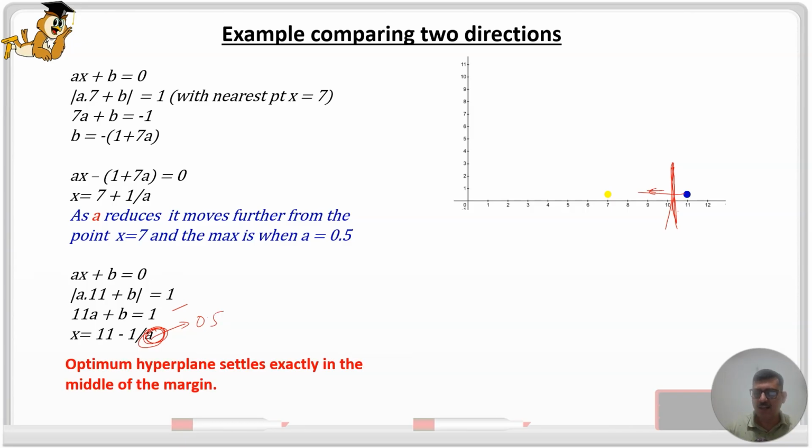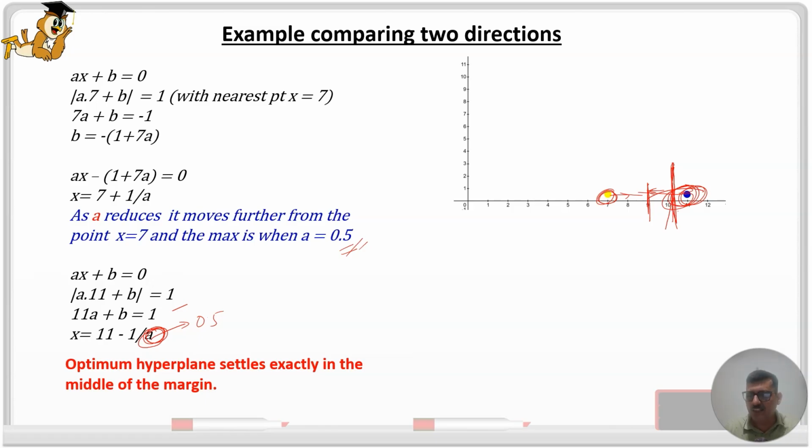hopefully you guys have answered the question on why I cannot make a less than 0.5, because let's say I was working from point x equal to 7, if a became less than 0.5, point x equal to 7 would no longer be my closest point. My closest point would be this, and then I have to do my calculations based on x equal to 11.